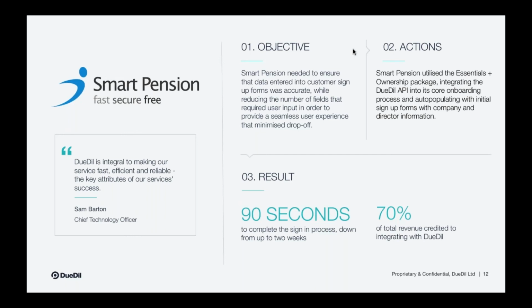Smart Pension integrated the DueDil API into their digital onboarding process, auto-populating data on initial sign-up forms with company and director information. This gives the customer a seamless, smoother onboarding experience, reduces the customer frustration with form filling, and so it reduces the onboarding drop-off rate. It also ensures the data is accurate. The sign-up process was decreased from about 2 weeks to 90 seconds.